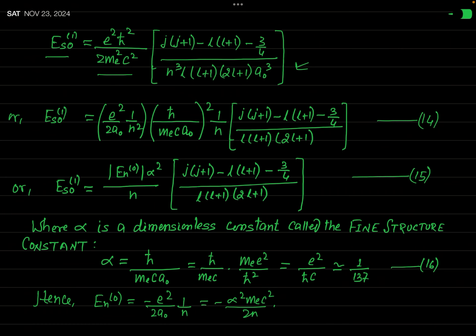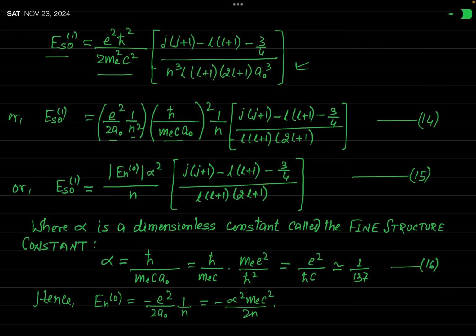Now we will write this expression in a suitable form, and for this we arrange the terms like this. This expression can be written as e² over 2a₀ times 1 over n² times (ħ over m_e c a₀) whole square.